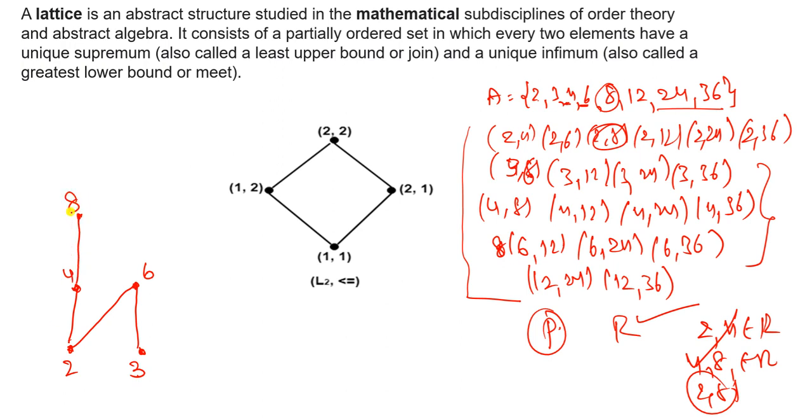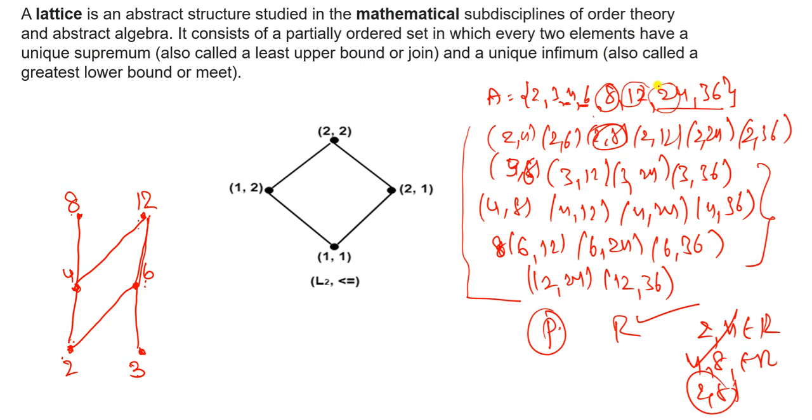Because 8 is divisible by 2 and 4. Next, come to the element 12. 12 is divisible by 2, 4, 3, 6. There is no relation from 8, since 8 does not divide 12. So write 12 here. 4 divides 12, 6 divides 12, 2 divides 12, and 3 divides 12.